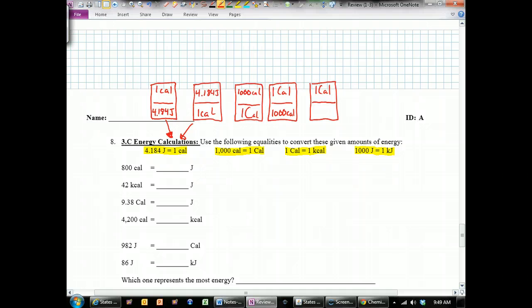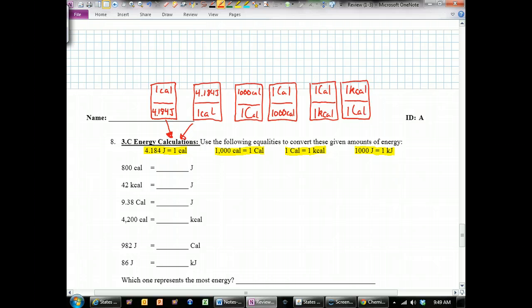I'm now on the 3rd equality. 1 big calorie is the same thing as a kilocalorie. And so we can write it 2 separate ways.